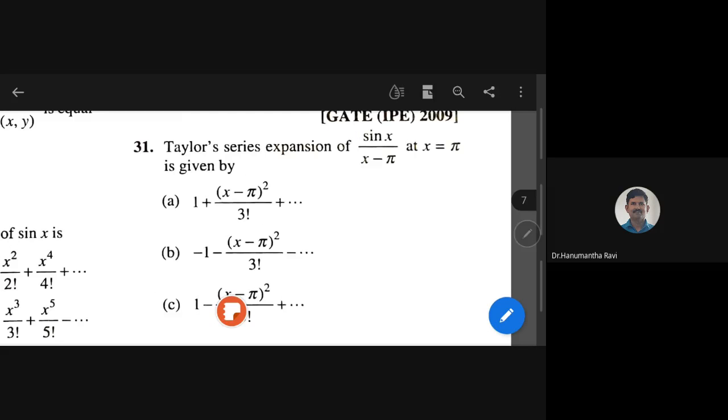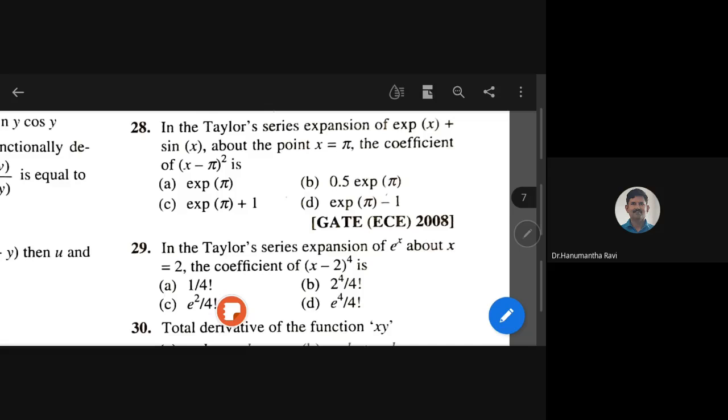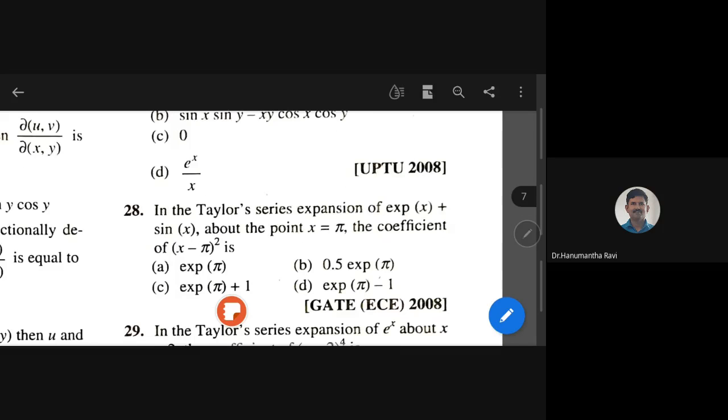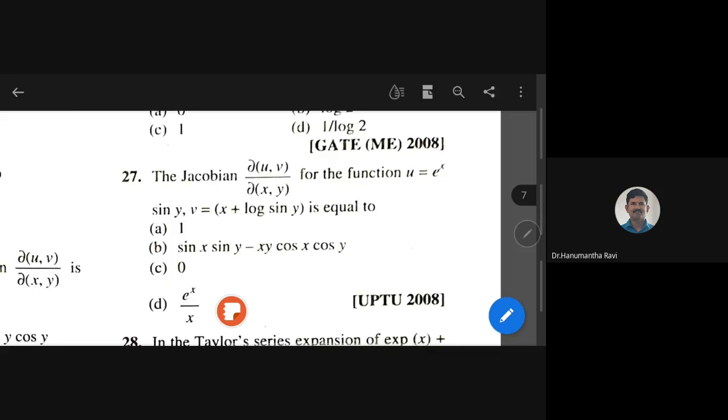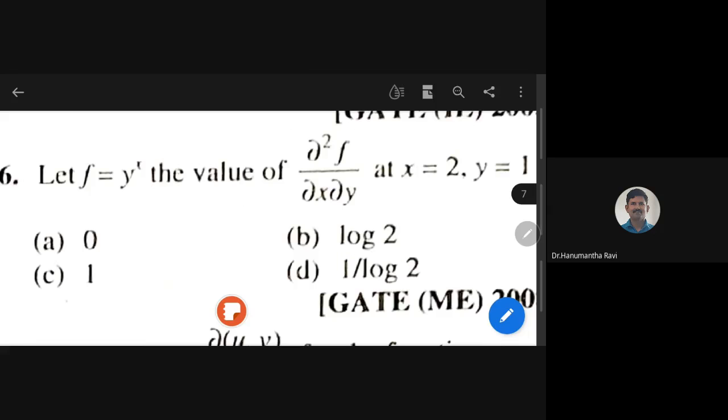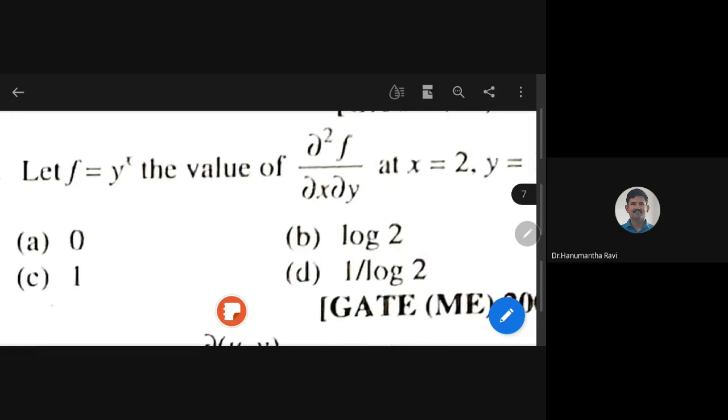And in a similar way, there are more problems. Yeah, you look here. What is this? Oh, okay, y power x. Good, we'll see this one. This is a good question.